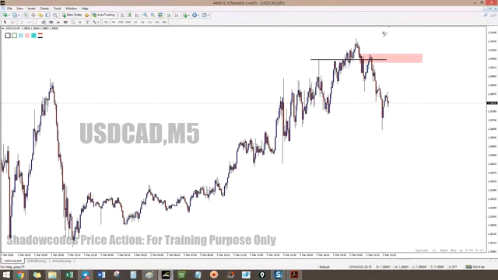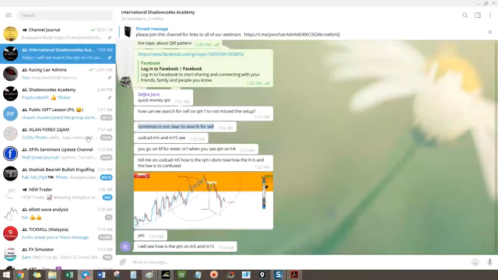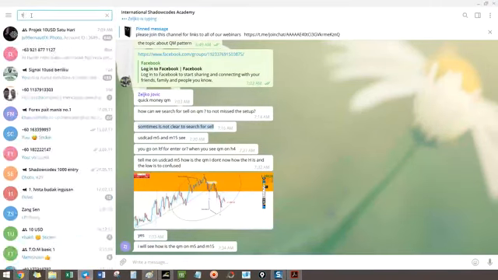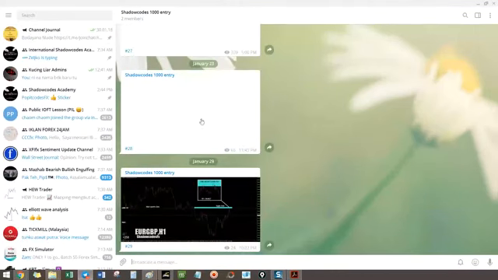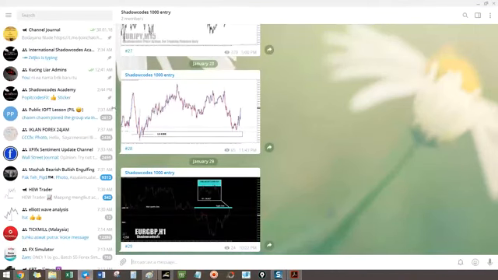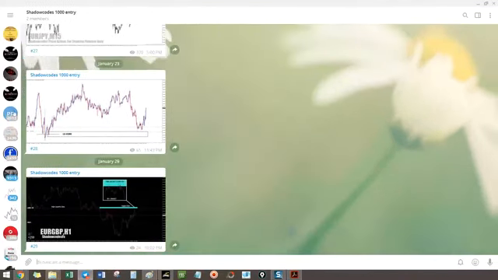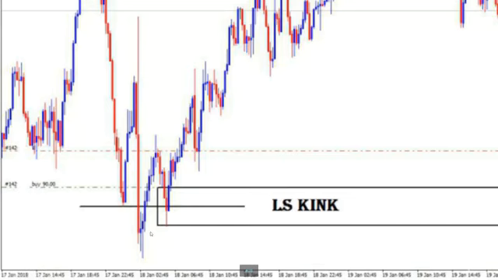So an example of entry, see how. Okay, this is an example. So we have a QM actually here, right? Over here you got a QM: a low, a high, a lower low, a higher high.